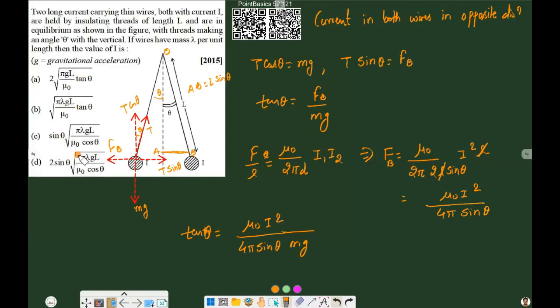So we have to substitute this mass, and that can be done from here: the wires have lambda mass per unit length. It is given that mass per unit length is lambda. So if mass per unit length is lambda, and we are taking length L here, then total mass will be lambda times L. So mg is equal to lambda L. Then we can substitute this value here.